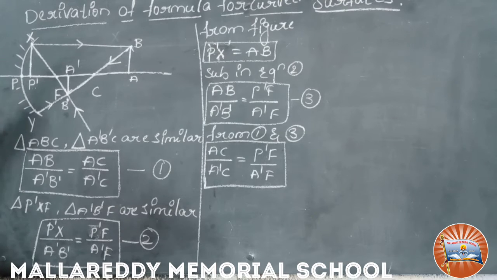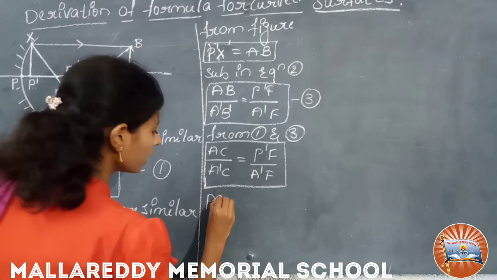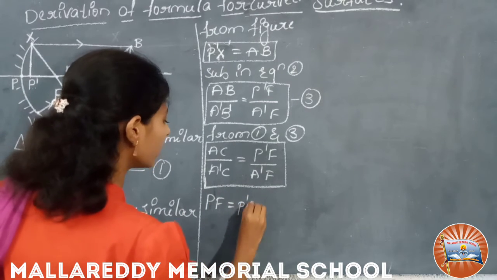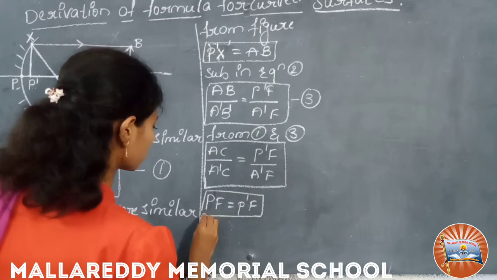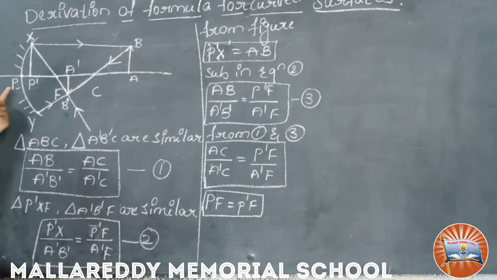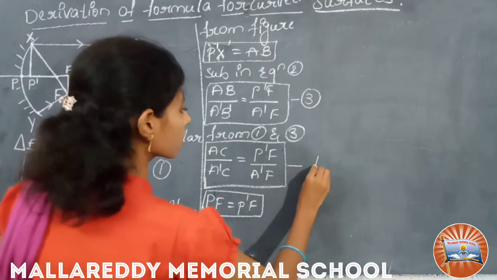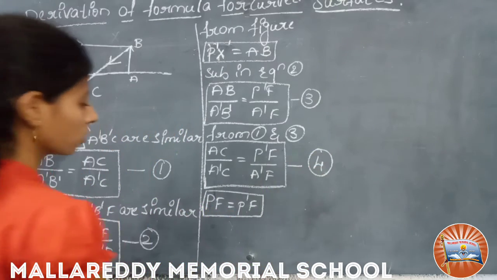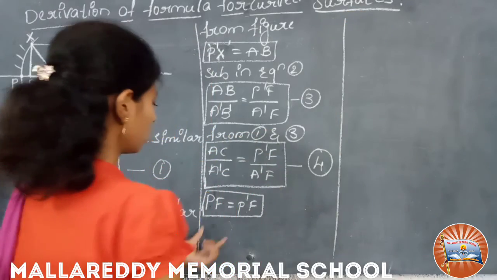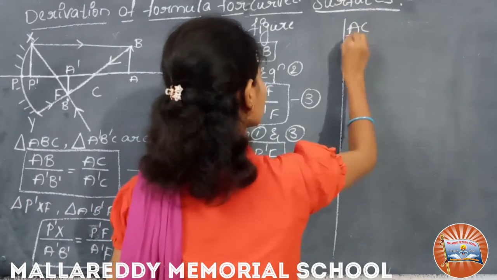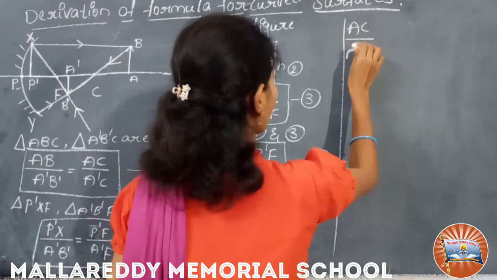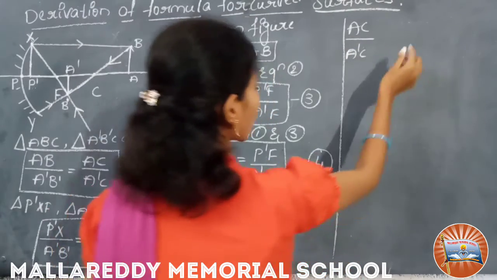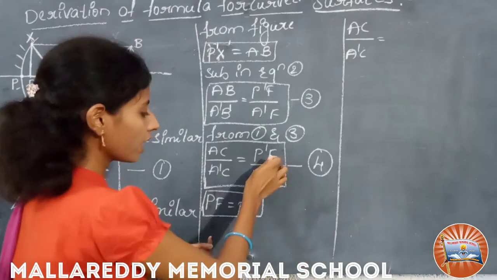So we can say that P and P dash coincide here. So from this we can write PF is equal to P dash F. Okay. So PF is equal to P dash F we can write. Now substitute this in equation 4 now. So what we will get here? Now AC by A dash C is equal to, now instead of P dash F write PF.